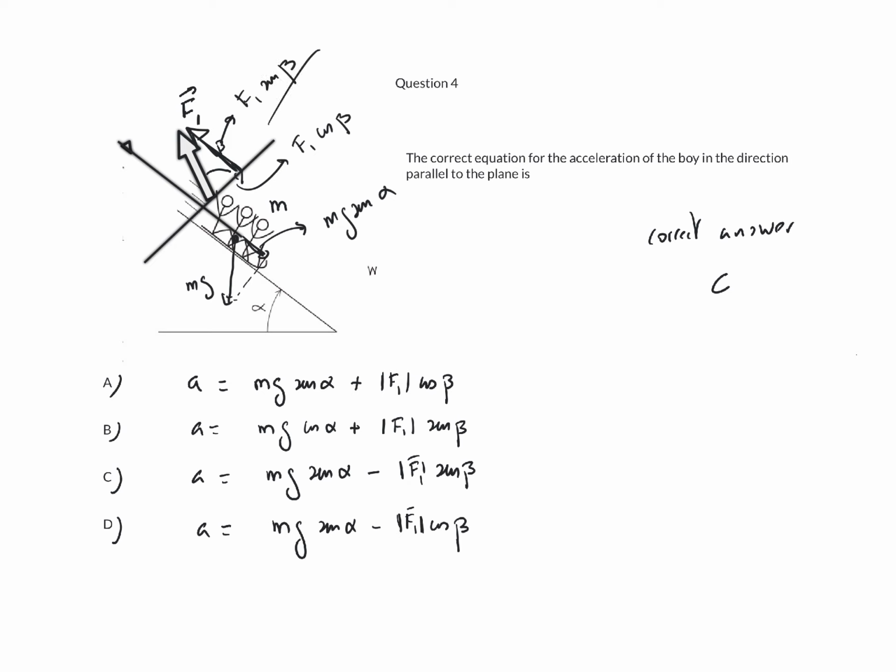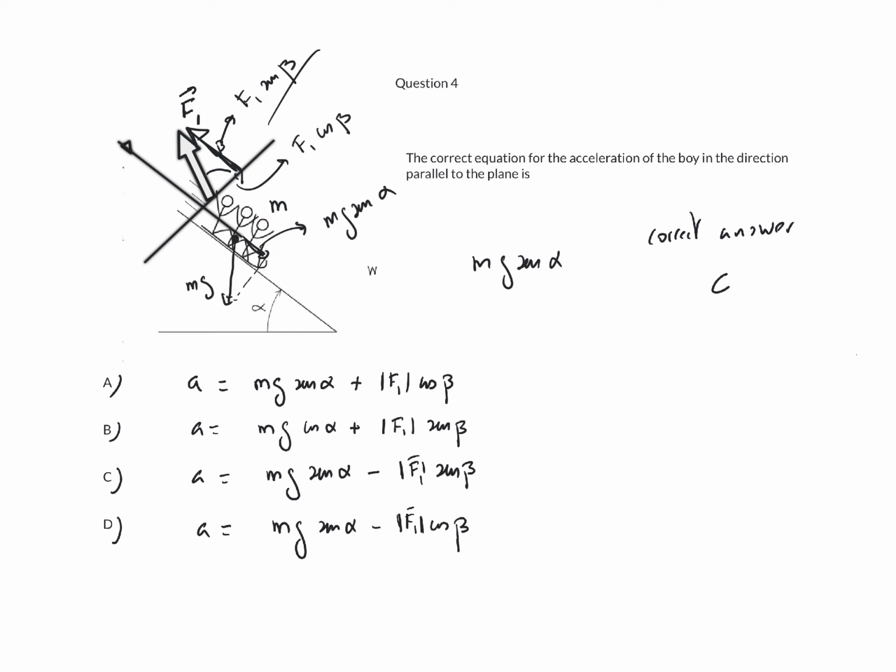Okay, so I have a force going downwards, mg sine alpha, so I choose the positive direction. I don't know where it will move the object, because it could accelerate upwards in the parallel plane, or it can accelerate downwards.